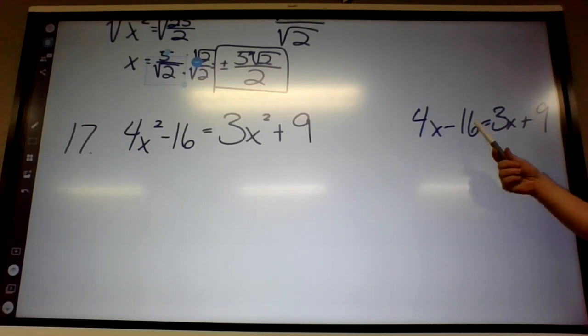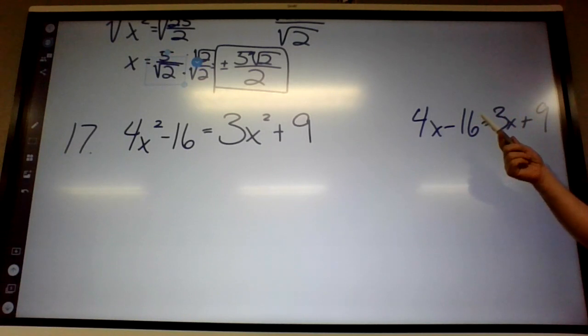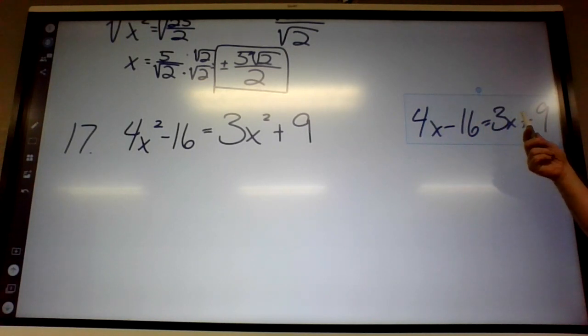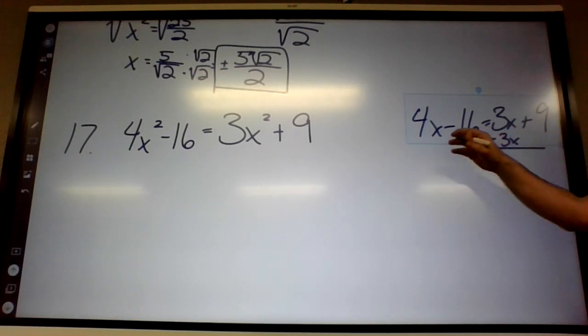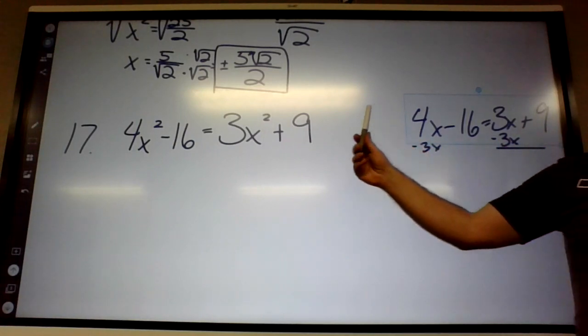Alright, what would we do on this problem? Add like terms. Yeah, if you have x's on both sides, what do we do? Well, not exactly add them, but yeah, we would subtract 3x, right? To get rid of the x's on one side. So guess what we're going to do over here?